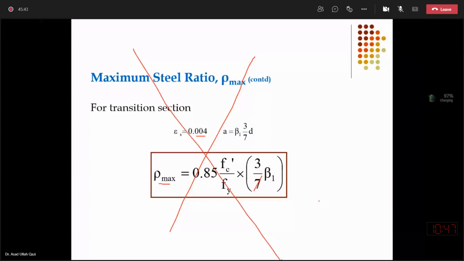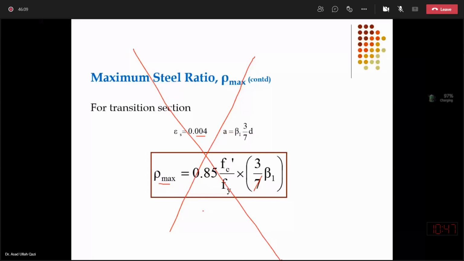So we will keep in mind rho max, rho balanced, and rho minimum. And I am stating rho max as the rho corresponding to 0.005 in steel and 0.003 in concrete. So this we can ignore because we are still able to classify our cross section and we are in the safe limit.